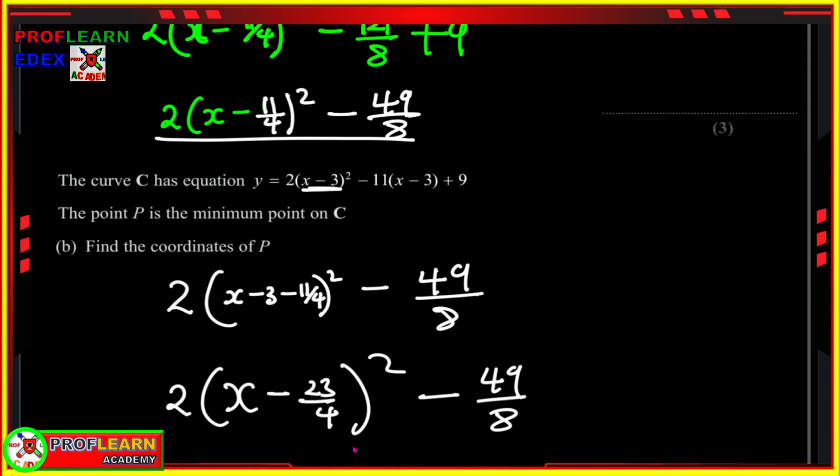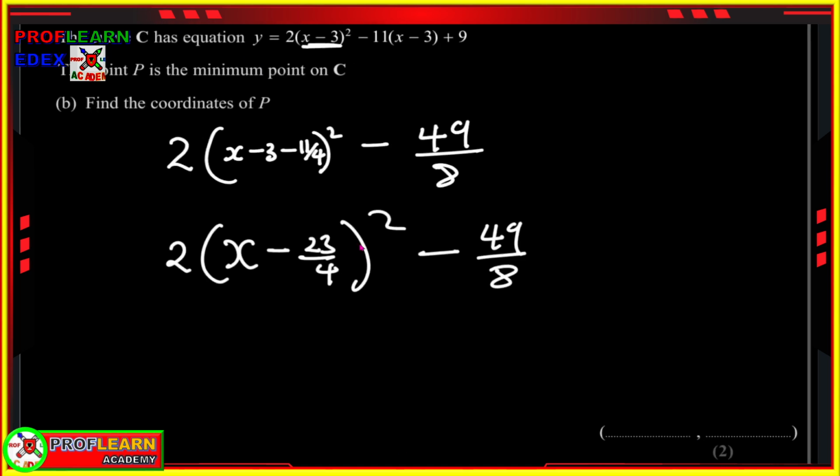Now the minimum point, you always take the opposite sign of this number as your x, and you take this number here as the value of y. So that will be 23 over 4 and negative 49 over 8 as the coordinates of the turning point. That's exactly what you are supposed to do in order to work out that question. I believe now we are okay up to that point.